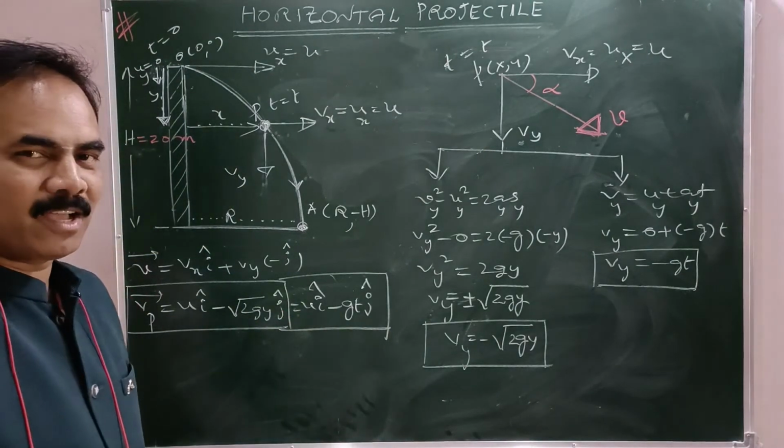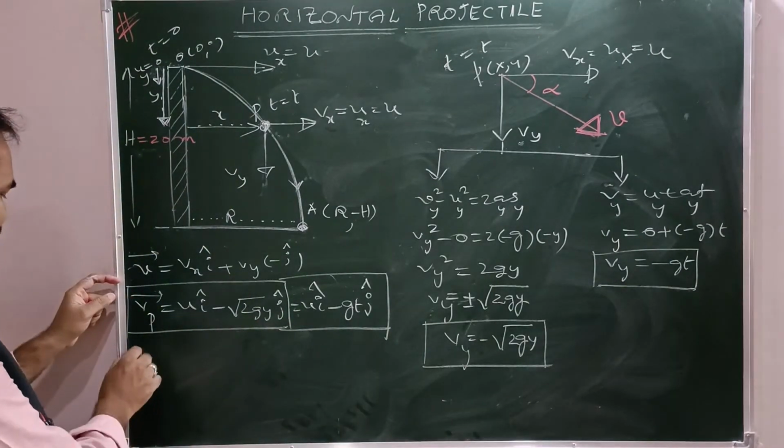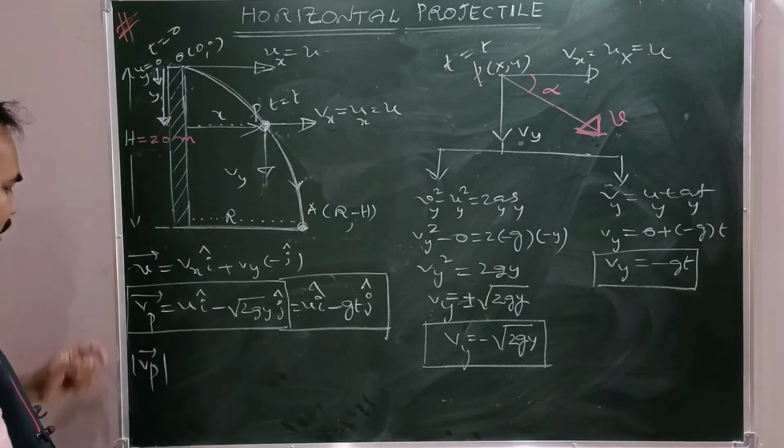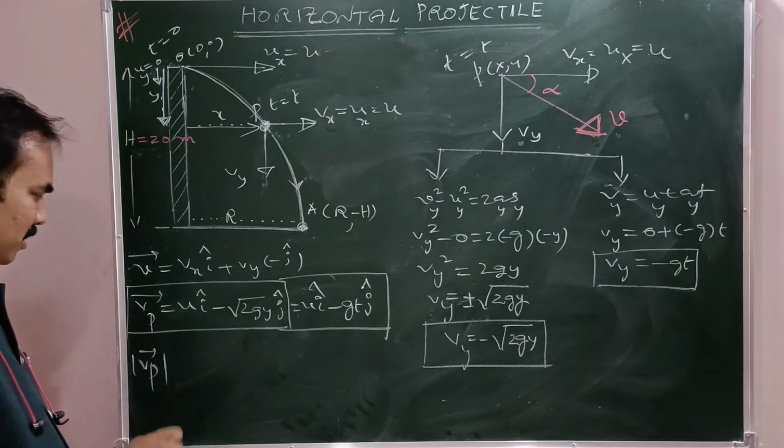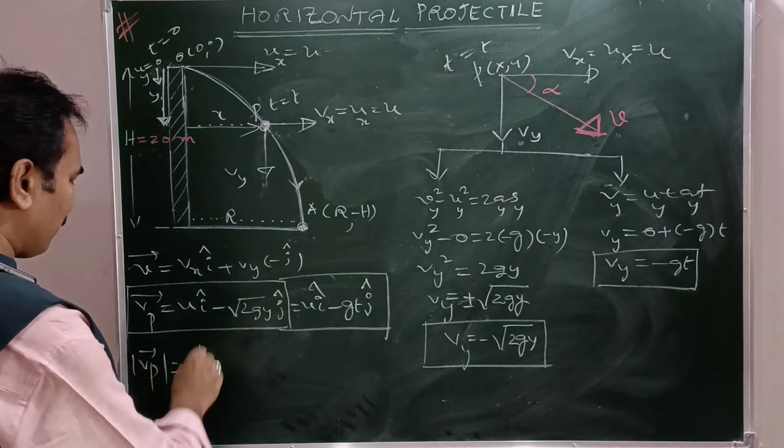What is the net or instantaneous velocity? Mod Vp. Modulus means speed or magnitude of velocity. Take root over x component squared plus y component squared.